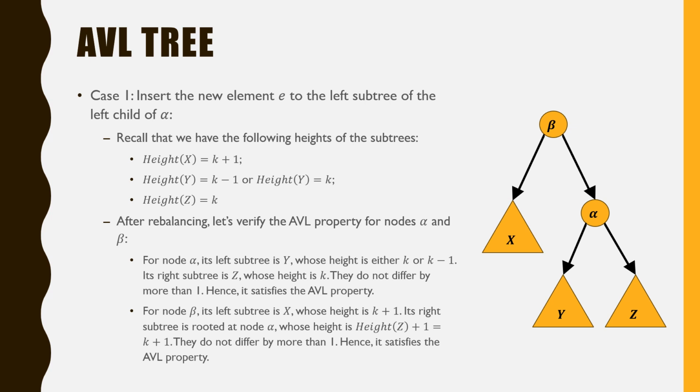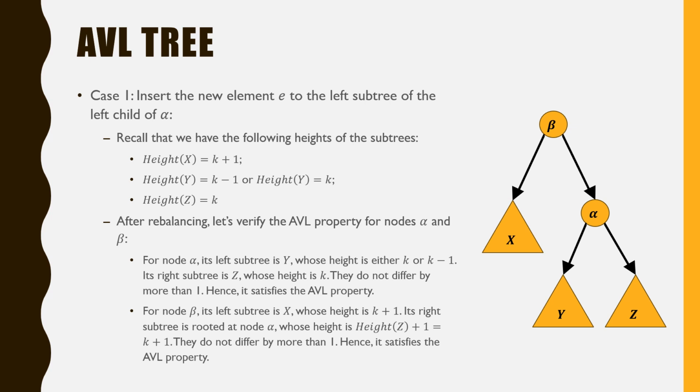Let's verify that the rebalancing operation restores the AVL property. The rebalanced tree is shown on the right. Recall that after the insertion, the height of x is k plus 1, the height of y is either k minus 1 or k, and the height of z is k.